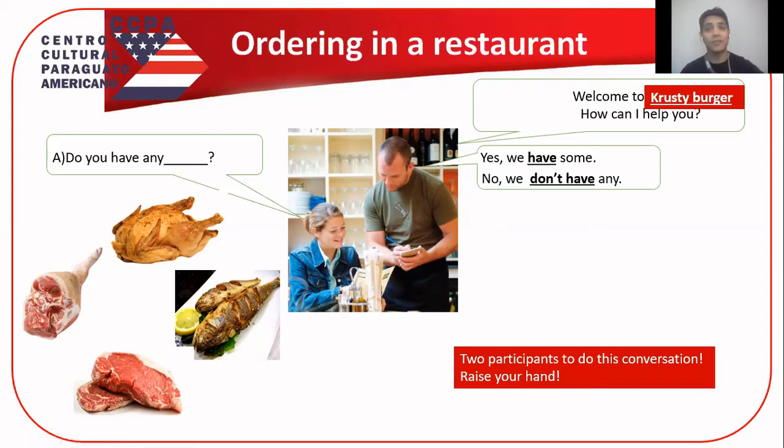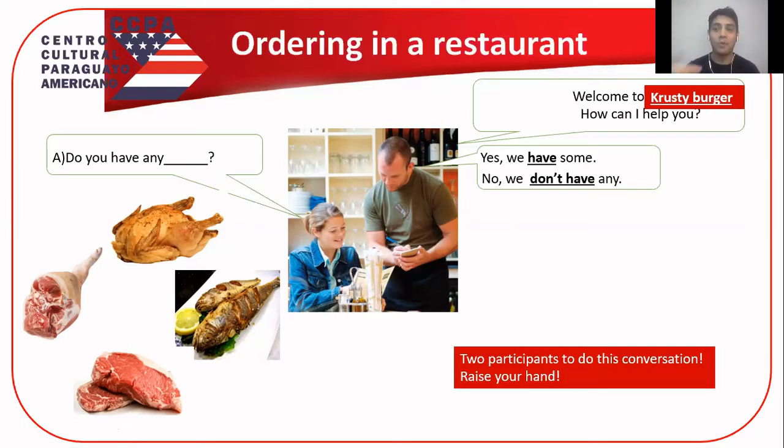And then you can start using other items like water, coffee, sugar, or maybe utensils like, for example, spoons, knife, right? So you can use those items in the conversation.